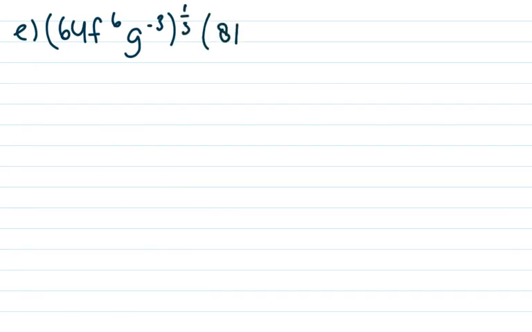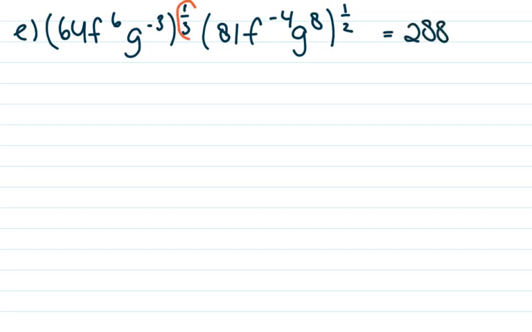E. 64 times f to the power of 6 times g to the power of negative 3, all to the power of 1/3, times 81 times f to the power of negative 4 times g to the power of 8, all to the power of 1/2 equals 288. So the first thing I'm going to do is apply the power of a power rule, to every term inside the bracket.